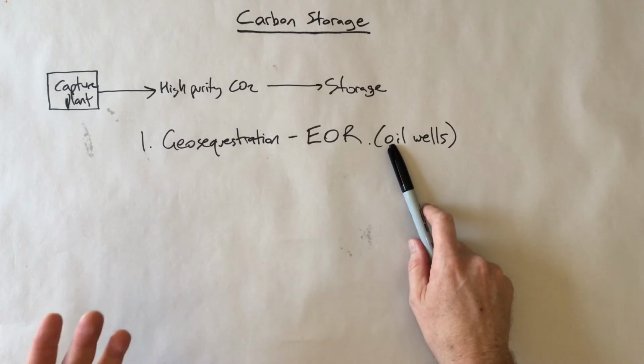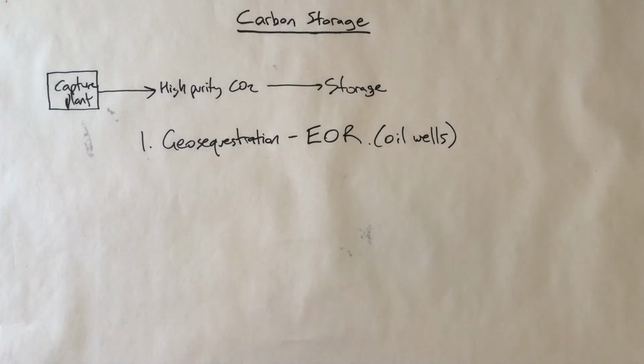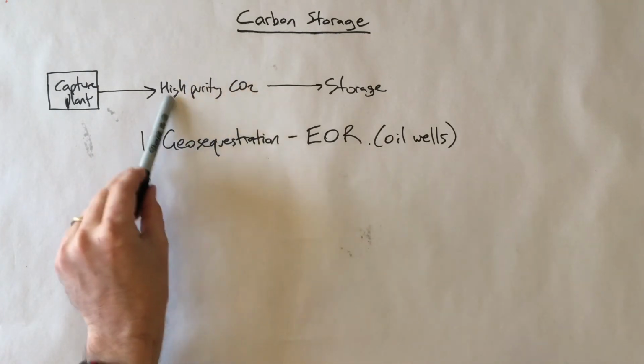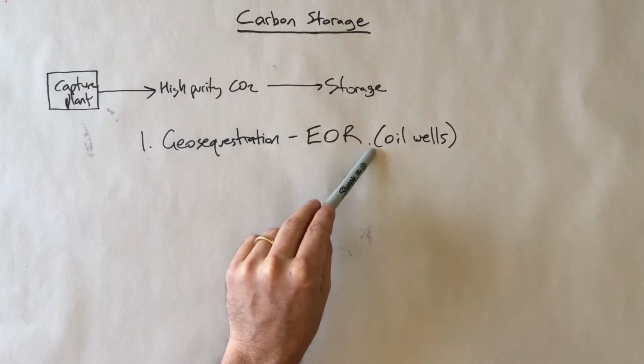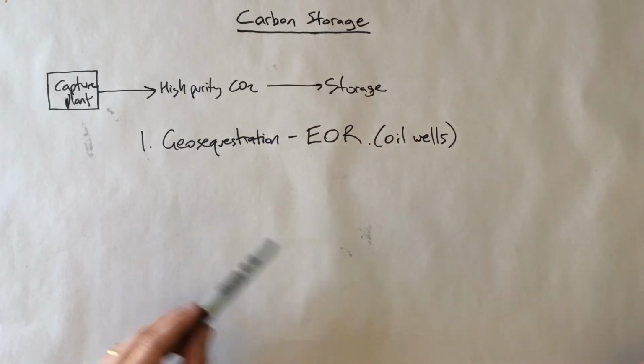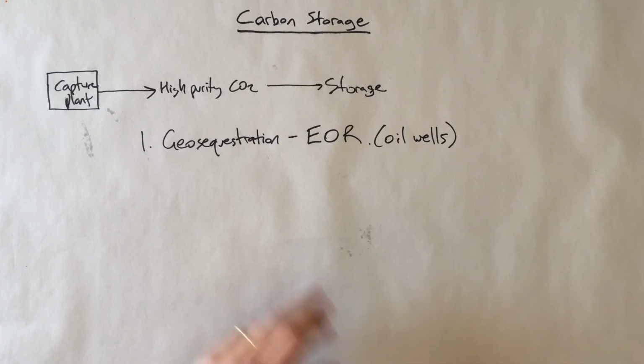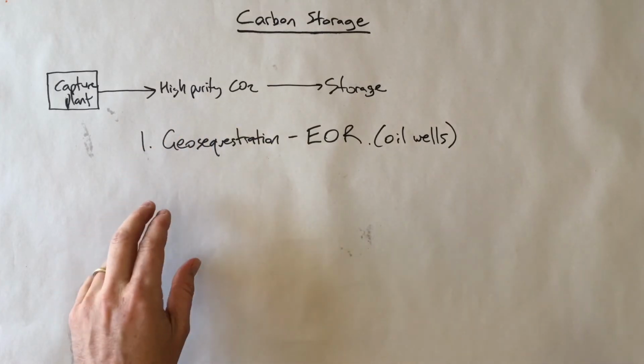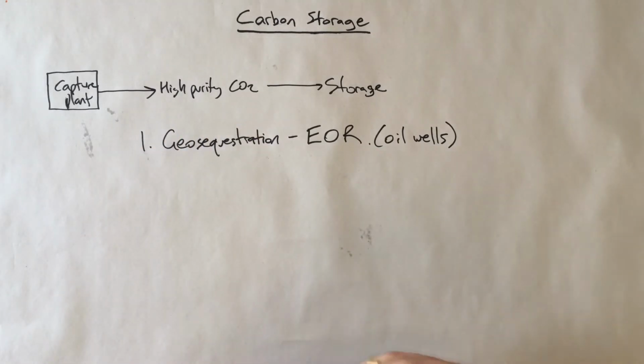So essentially it's a way of extracting extra oil, which is very good from a commercial perspective because basically we're finding a commercial use for this CO2. The oil that we get helps to pay for injecting CO2 into the ground, which is good. The downside, of course, is we're producing more oil, which people are going to combust somewhere, and that's just going to make more CO2. It's not really getting to the root of the problem.